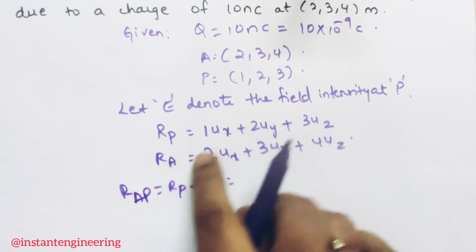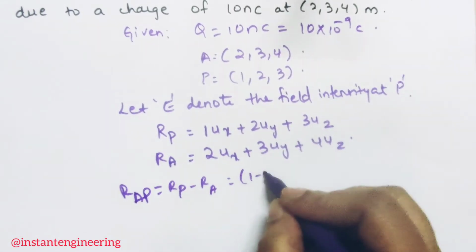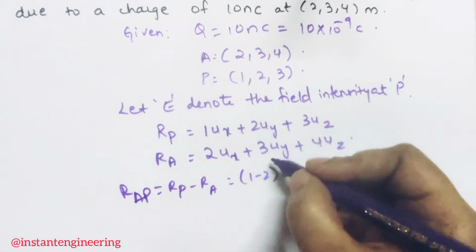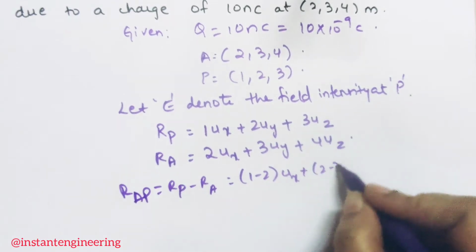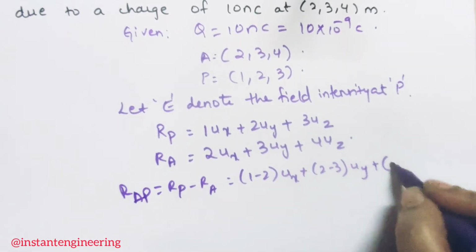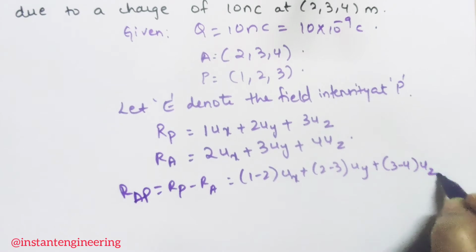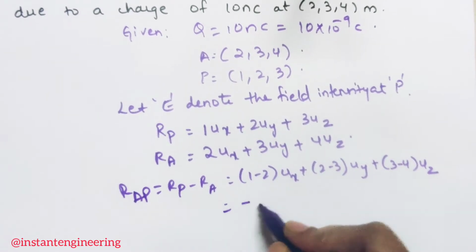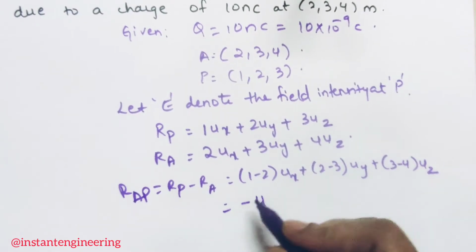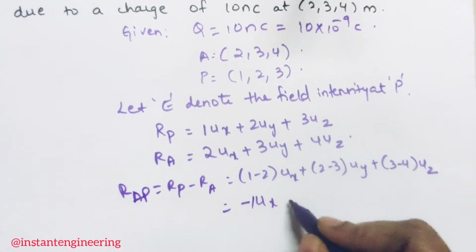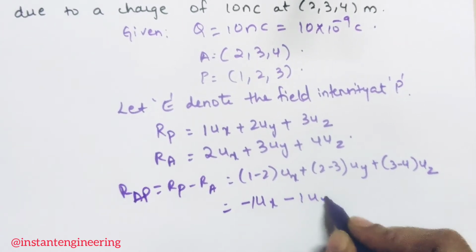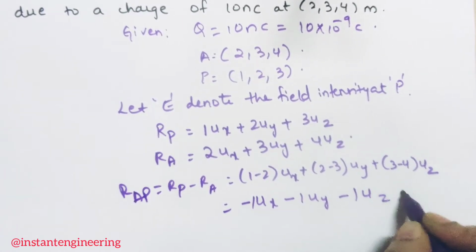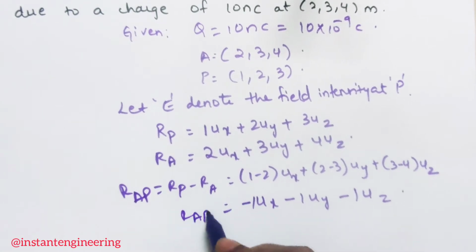So this will be 1 minus 2 ux, 2 minus 3 uy, 3 minus 4 uz. So this became minus 1 ux, minus 1 uy, minus 1 uz. This is RAP.